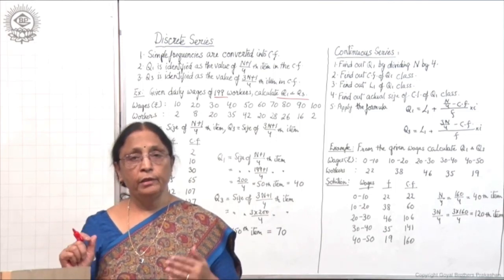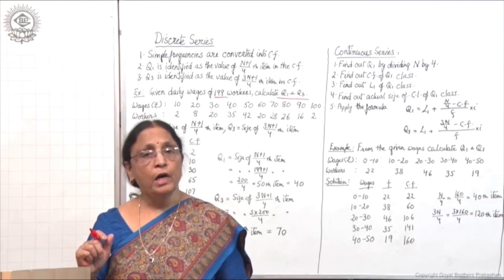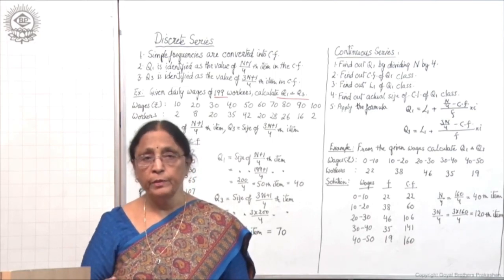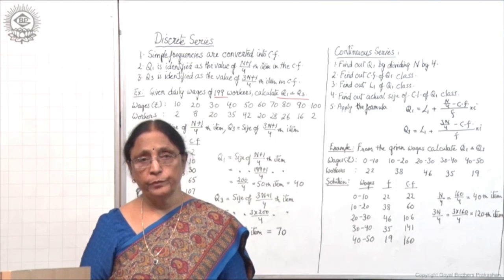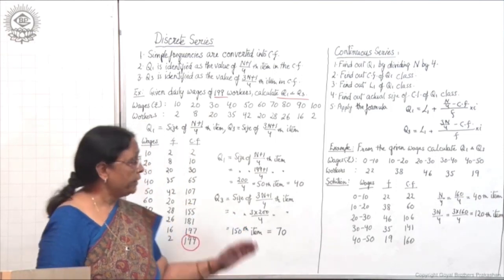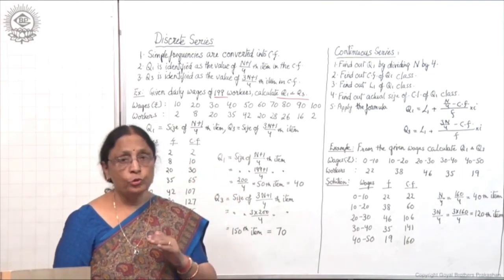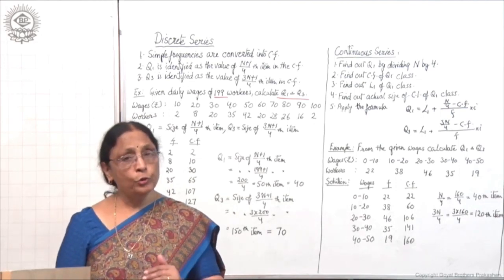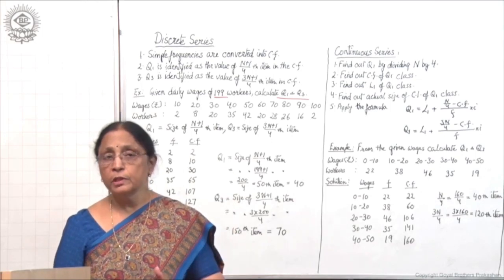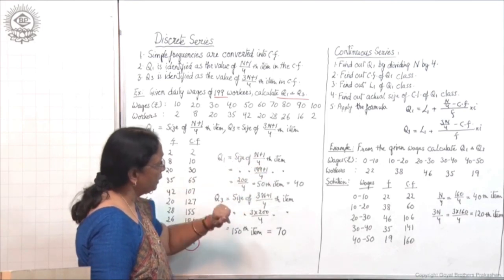Whenever you are calculating mean, median, mode or quartiles, separate marks are allotted for writing down the formula, maybe half a mark or sometimes 1 mark, depending upon the teacher. So remember that every time you start any calculation, first write down the formula, so that there is no chance of error, the teacher knows you know the formula properly, and the calculation becomes simpler. So, Q1 is size of (n plus 1) upon 4th item.